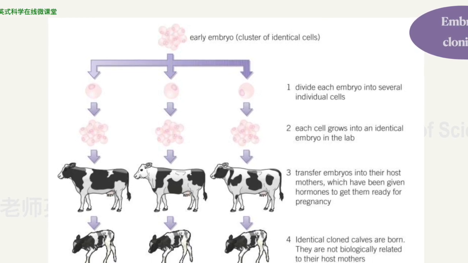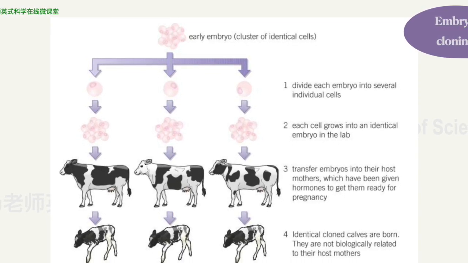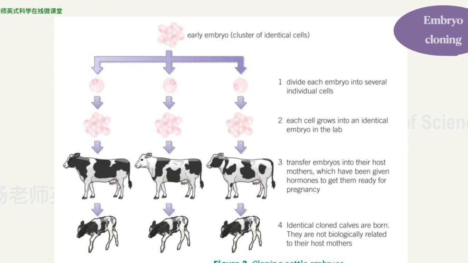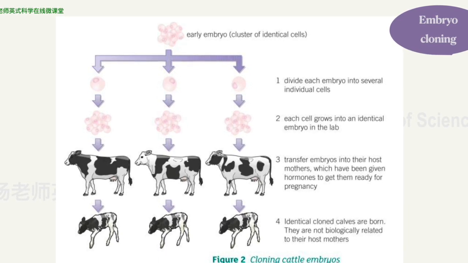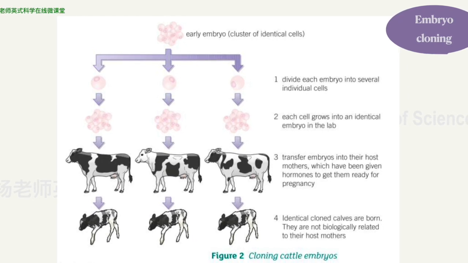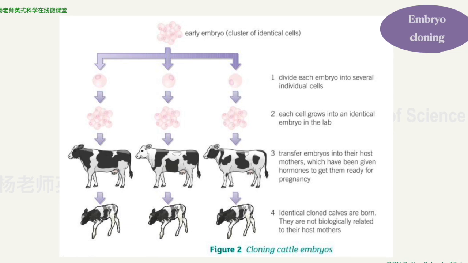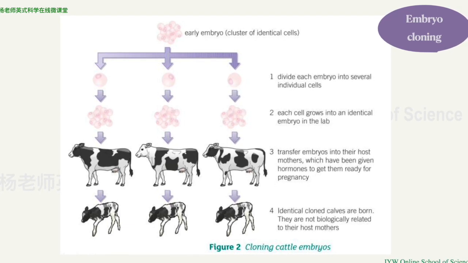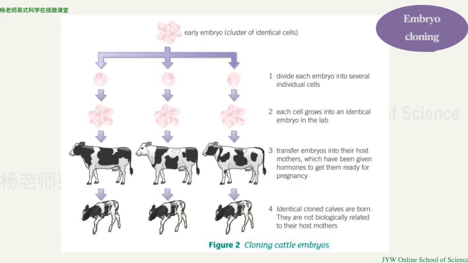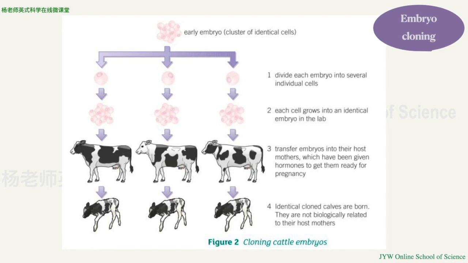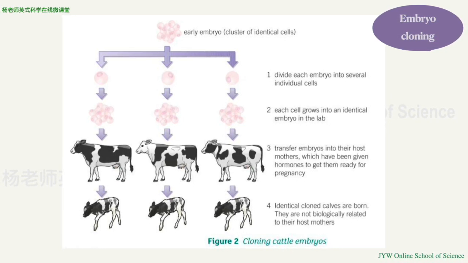So those young ones, although they are given birth by different mother cattle, are themselves quite identical because they carry the same genetic information. All of them come from one type of embryo cells, so they share the same genetic information.